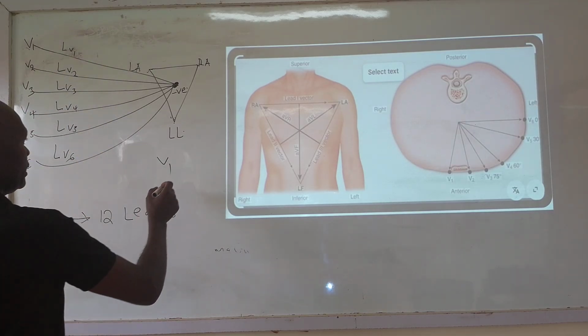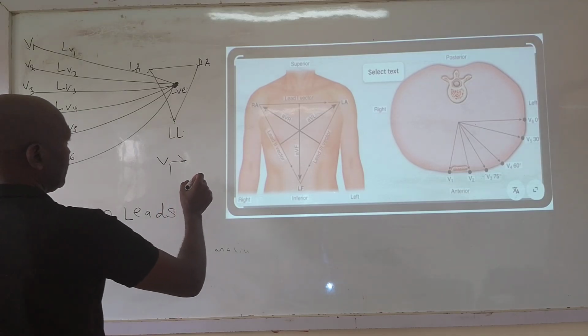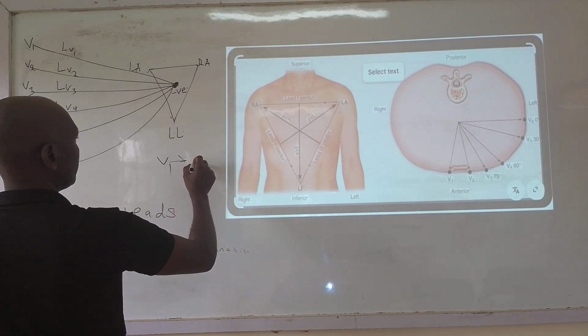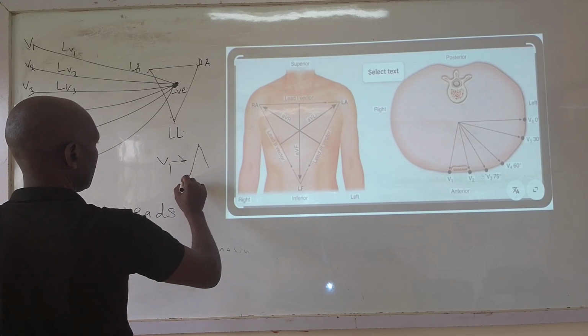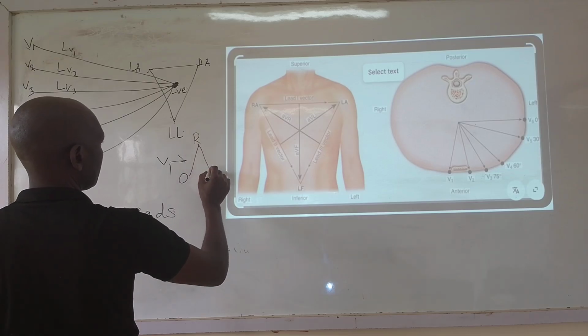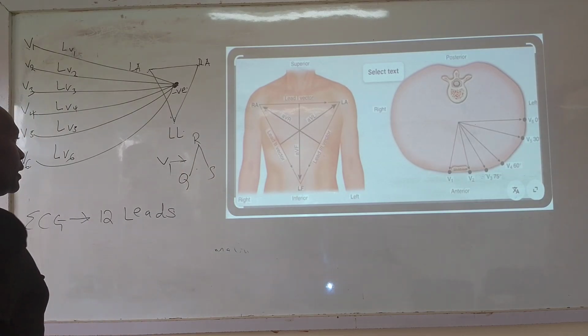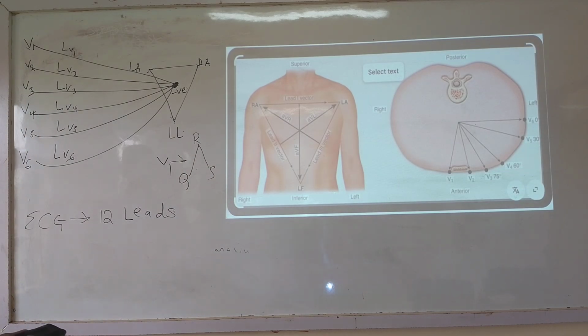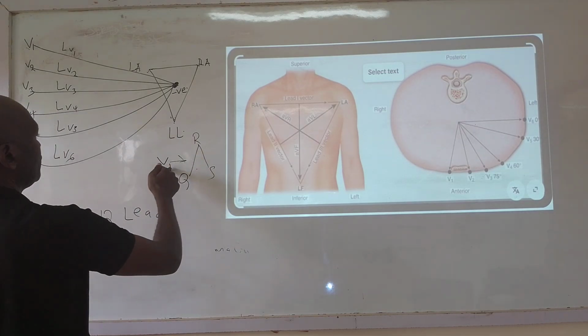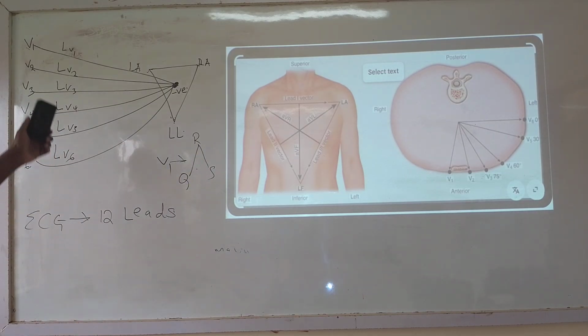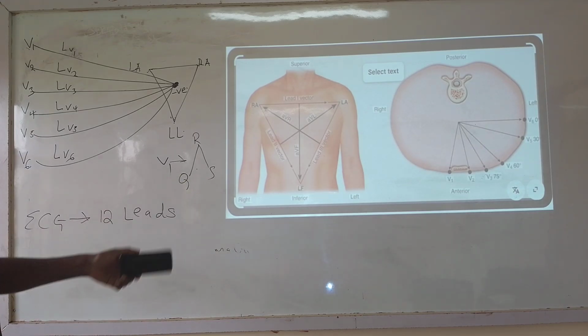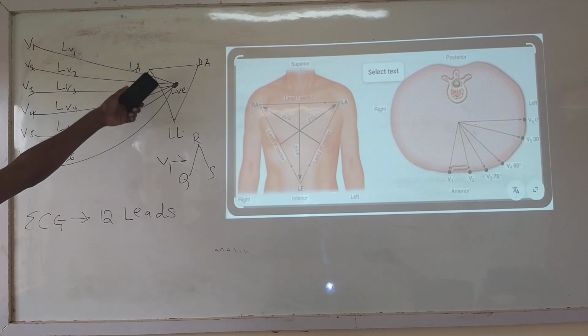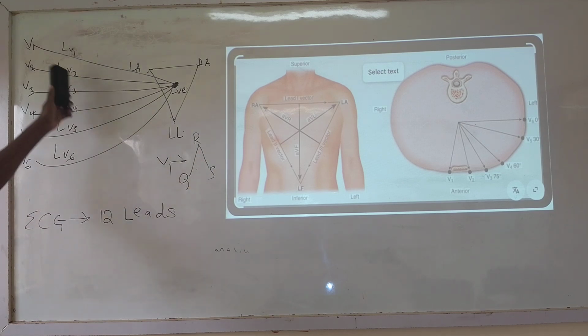So let's say there is an abnormality of the QRS complex. If there's an abnormality in this wave in V1, then you have to know which part of the heart is affected, because you can have an abnormality in one of the waves in one lead while the others are normal.